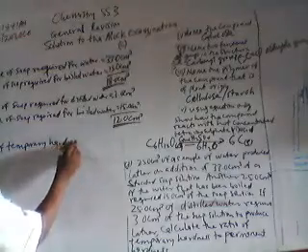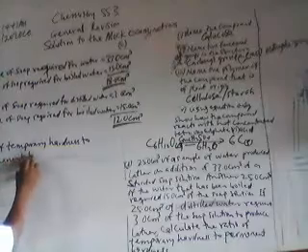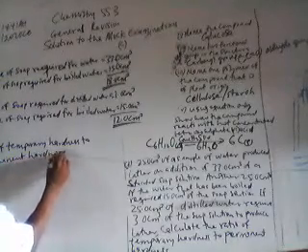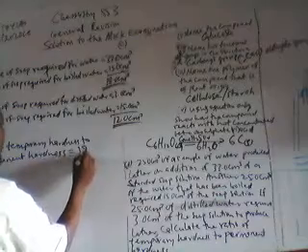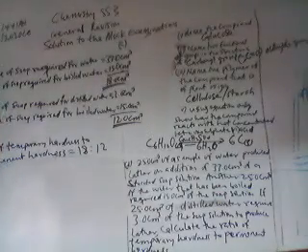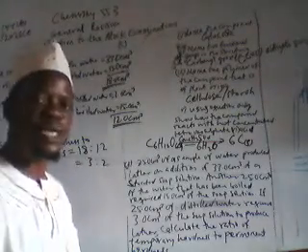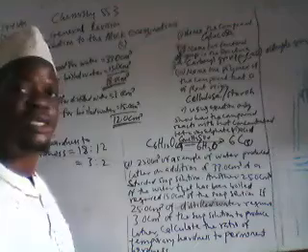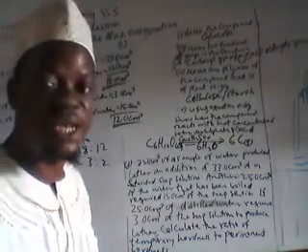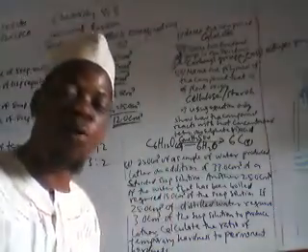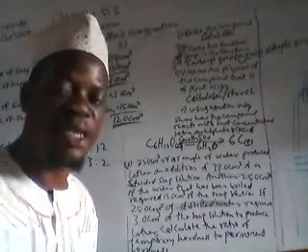Therefore, the ratio of temporary hardness to permanent hardness will be equal to 18 ratio 12, and that will give us 3 ratio 2. That will take us to the end of the question. I hope it is clear. Please, you can go over the solution again to make it clearer.